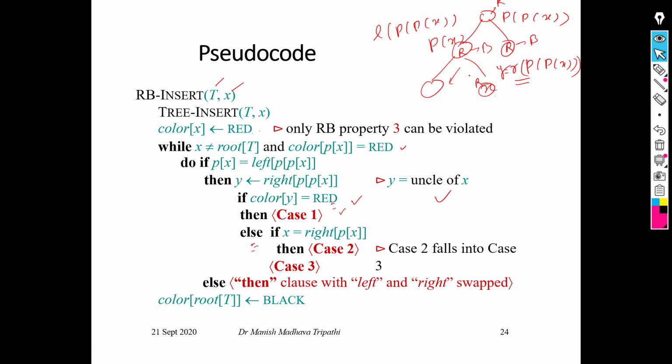It only converts case number 2 into case number 3, because if we rotate x with respect to its parent, then x will become the parent and its old parent will become the left child, and the control, that means x, will be shifted to the new left child.